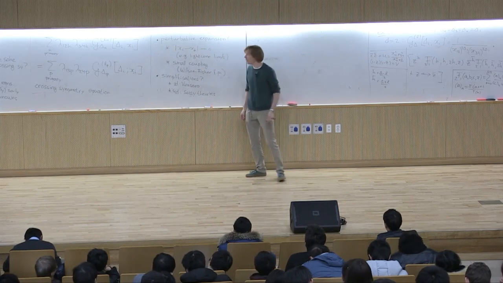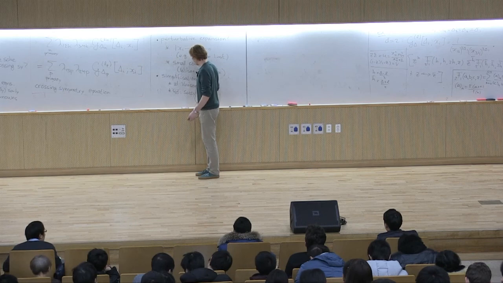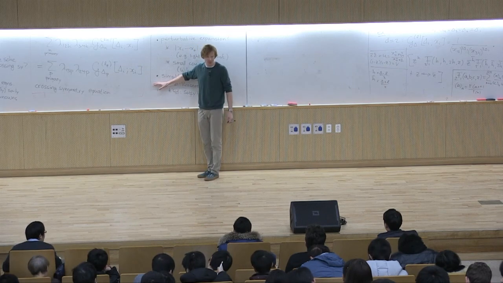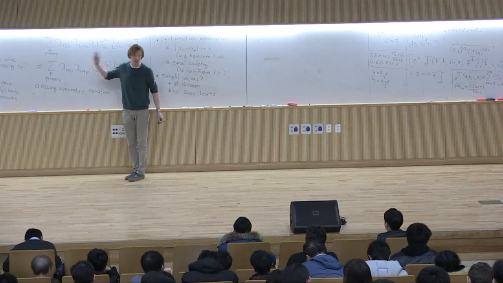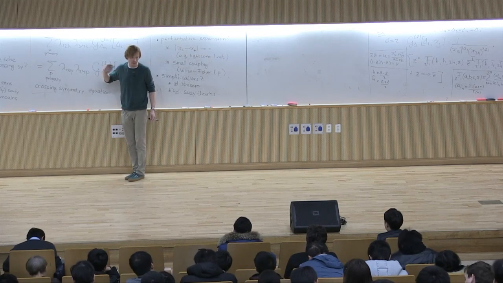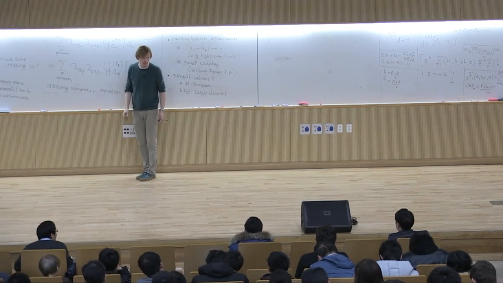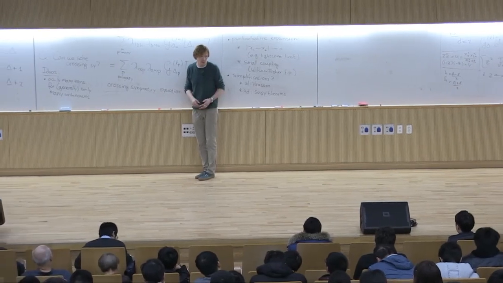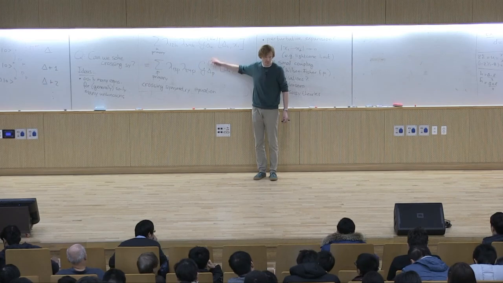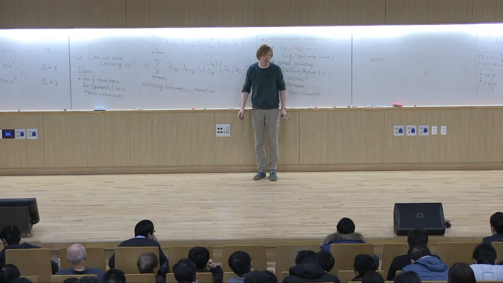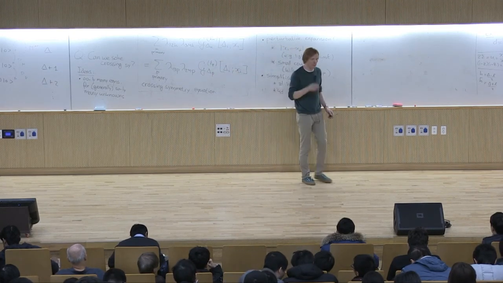A theory, at the level of correlation functions of local operators, is specified with just a bunch of deltas: an infinite list of deltas and an infinite set of lambdas. And that's it. You have to give me the deltas and the lambdas, and then they have to obey these equations. And if all the equations are obeyed, then that's a consistent set of correlation functions.